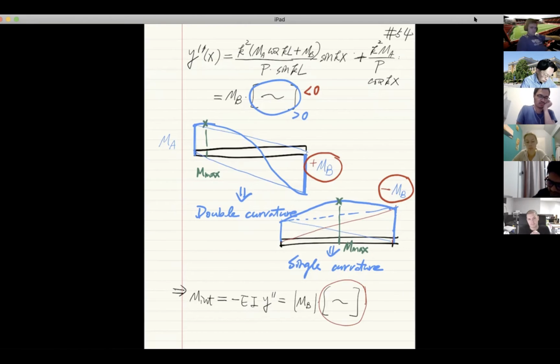And then if we can express the expression this way, we can just look at the sign of this coefficient to determine whether it's greater than 0 or less than 0. And then we have different approaches.